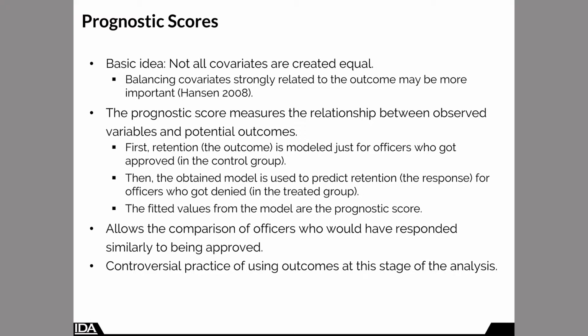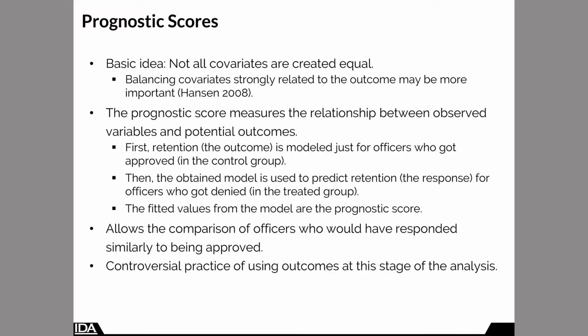And that's a very controversial measure. The way that it works is it's very much like the propensity score, okay? But instead of regressing treatment assignment on a bunch of covariates, what you do is you take all your control subjects, so all the officers who got approved, you take their outcome, some of them left, some of them stayed, and you regress that on covariates.